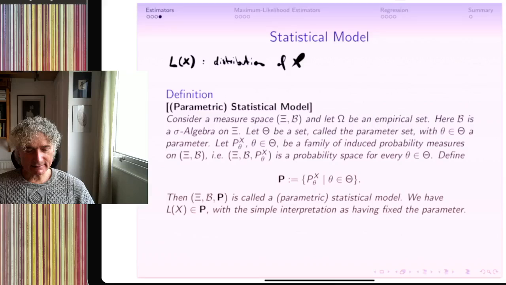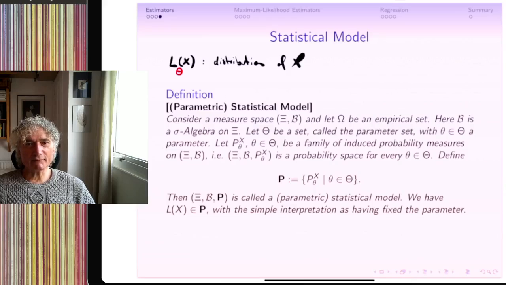Parametric means that in general we will introduce some parameter or parameters, it can also be several, to this distribution, and then we have a given set of distributions, but they all will be parametrized by these parameters.